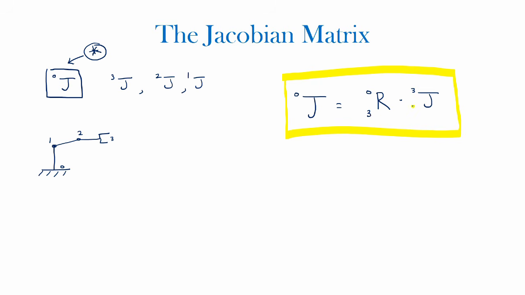Practically, what you have to know is that if you have a Jacobian in a higher frame, simply multiply it by its rotation matrix, which comes from the transformation matrix. So you have your position, rotation. So you multiply it by the rotation matrix to get the Jacobian in the base frame.